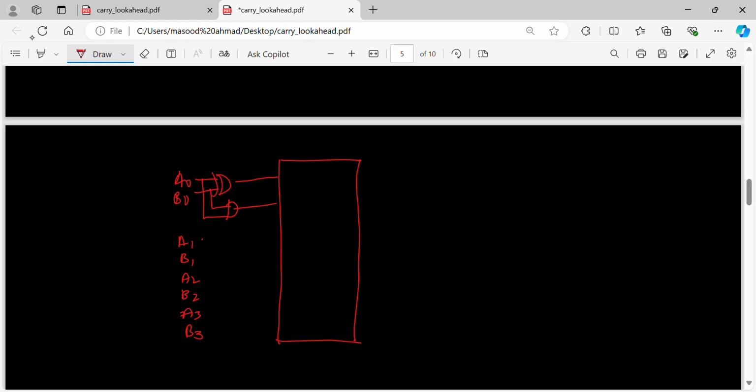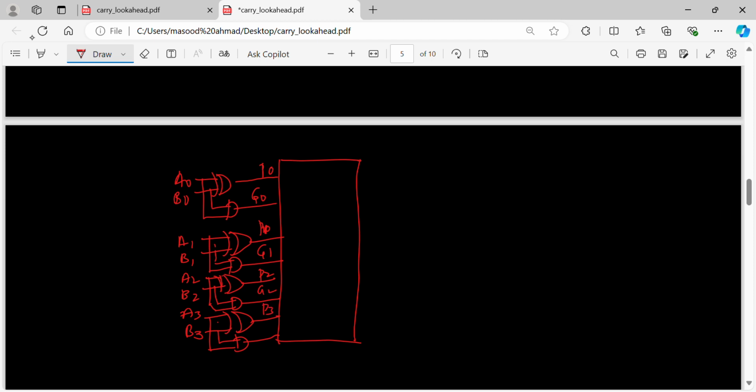I do XOR operation, then AND operation, for each pair. What I am giving here is propagate P0, generate G0, then P1, G1, P2, G2, P3, G3.